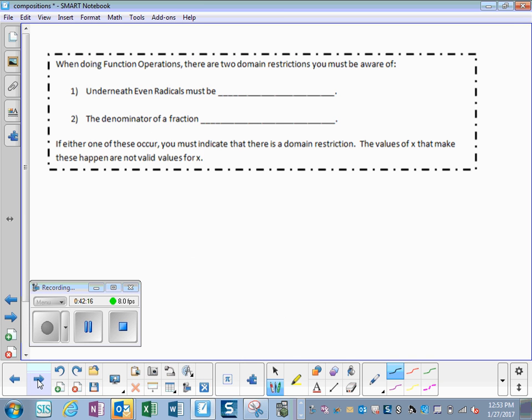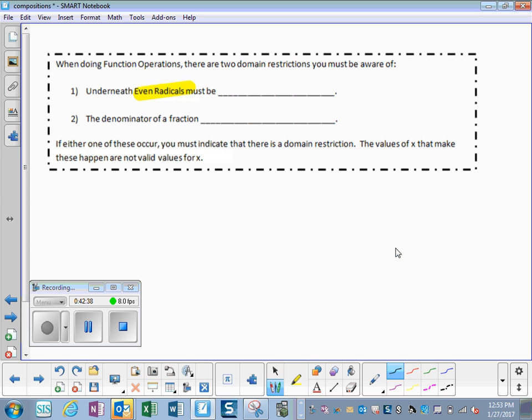So when doing function operations, there are two domain restrictions you must be aware of. Remember, underneath an even radical, only even, right? If I have the cubed root, I'm okay with negative numbers. If I have the ninth root, I'm okay with negative numbers. But if I have an even root, I don't want negative numbers.